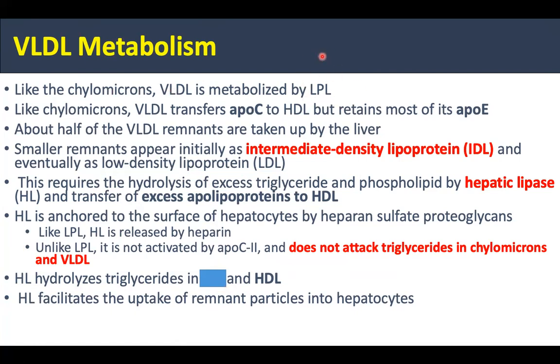Chylomicrons, VLDL, is lipoprotein lipase. It's actually IDL. LDL is so concentrated in cholesterol that the triglycerides don't even need to be broken down. But hepatic lipase breaks down the triglycerides in IDL and HDL. So the small amount of triglycerides in IDL and HDL are broken down by hepatic lipase. The large amounts of triglycerides found in chylomicrons and VLDL are broken down by lipoprotein lipase.